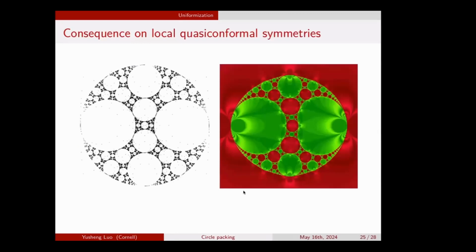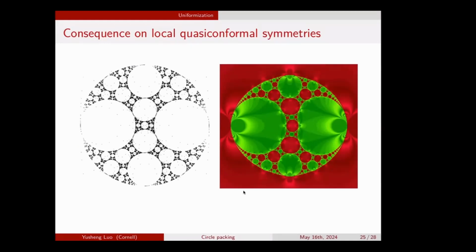Okay, so as a consequence of this uniformization theorem, we can go back to this picture of a geometrically finite Kleinian circle packing and a gasket Julia set. So what we prove here applies in this setting. So on the right, we have a fat gasket.